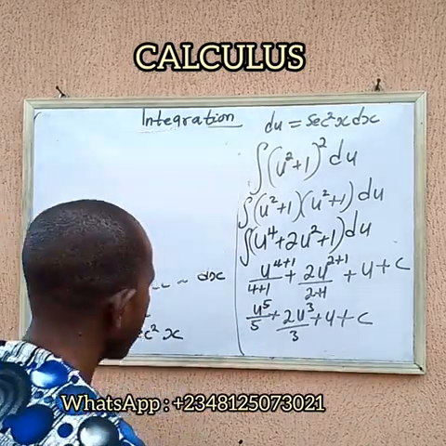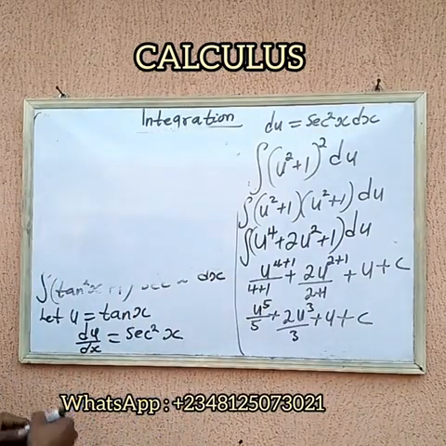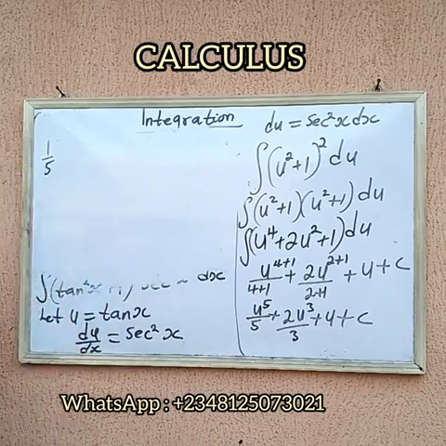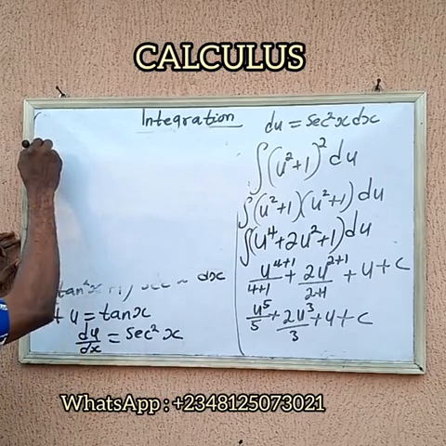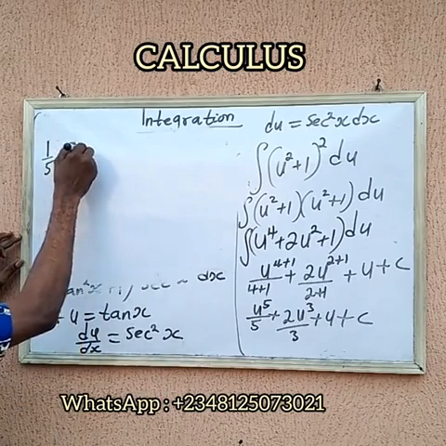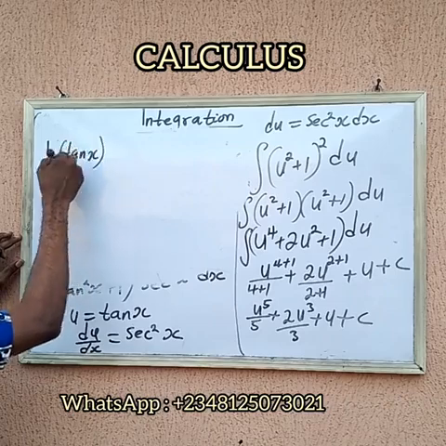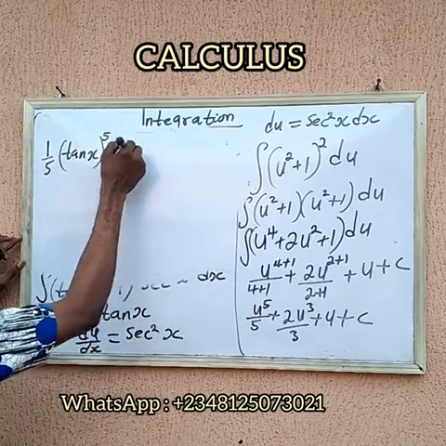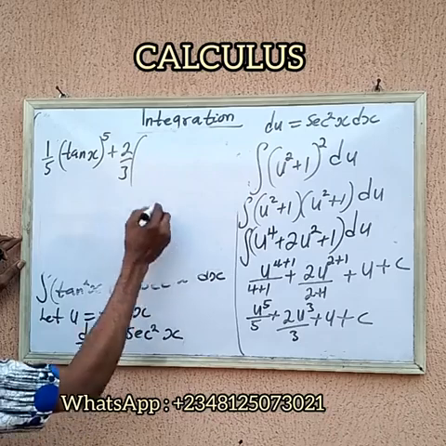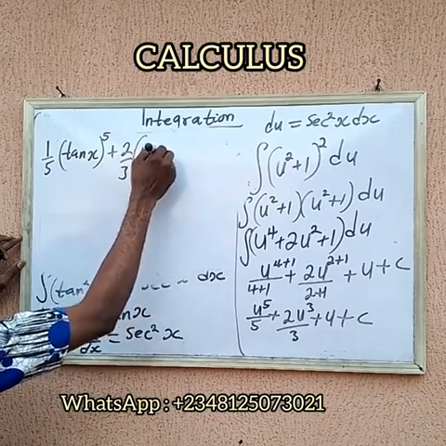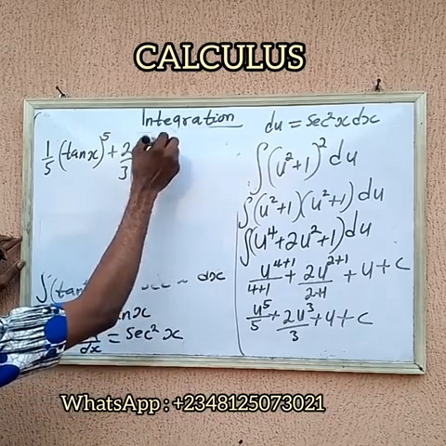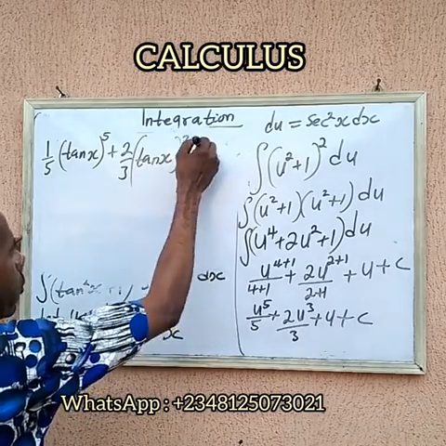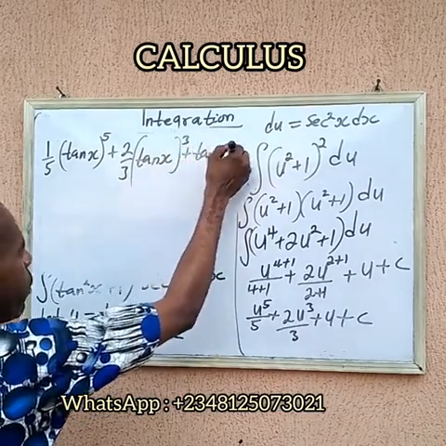So your final answer now becomes 1 over 5 tan x raised to power 5, then plus 2 over 3 tan x raised to power 3, then plus tan x plus c.